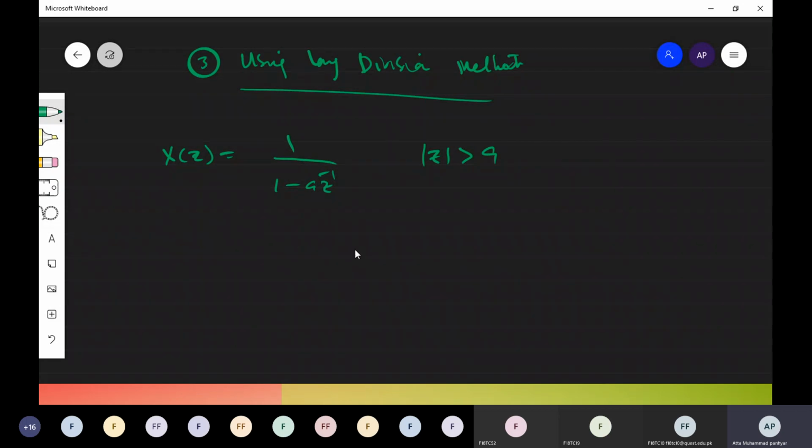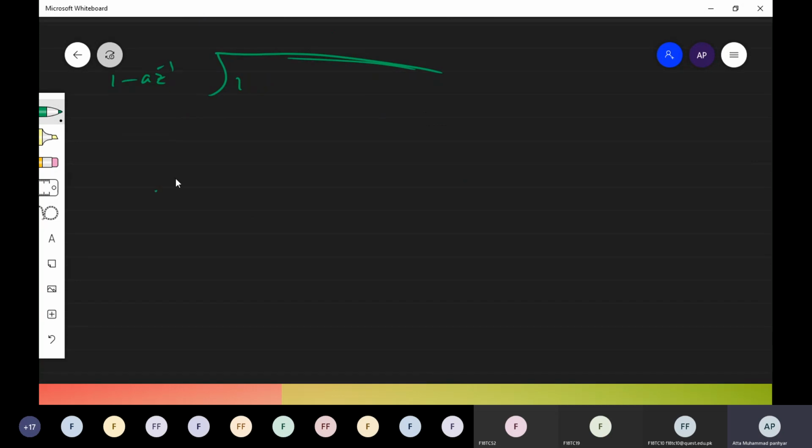So using the long division method, what we can do is we divide 1 by 1 minus a z inverse. So let's start doing it. First I want to subtract this, this multiplied with this is 1 minus a z inverse, right? If you subtract this, this becomes a z inverse.